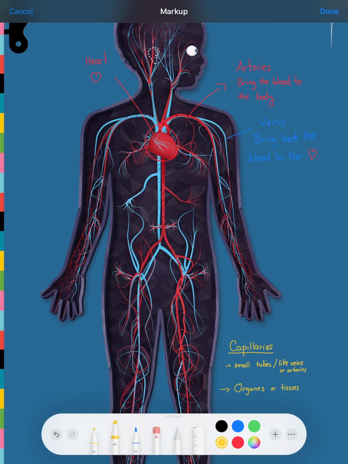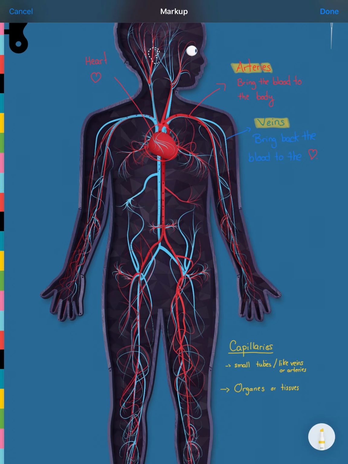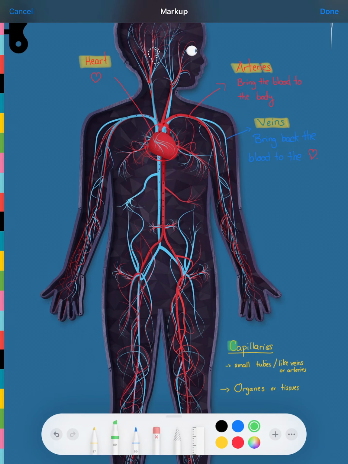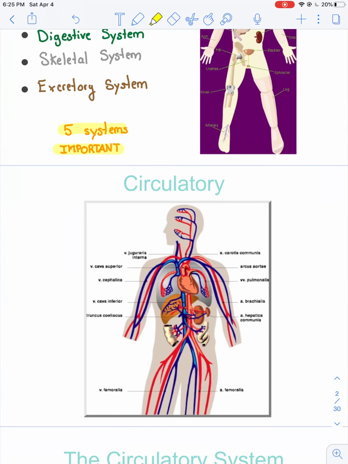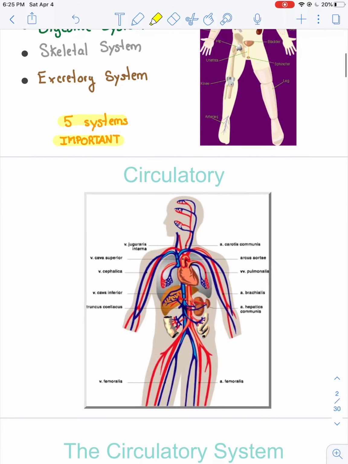The circulatory system has arteries, veins, very important, the heart, and capillaries. Let's go back to our PowerPoint. Here you have the circulatory system.